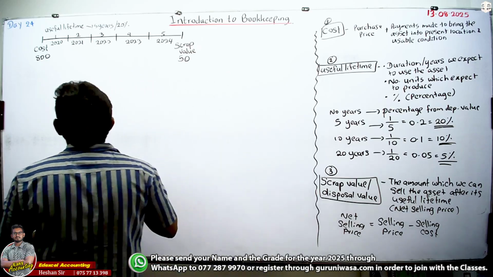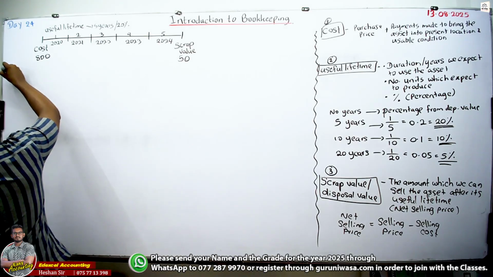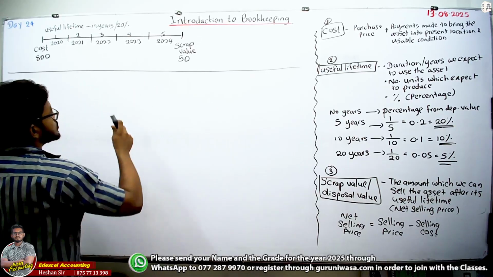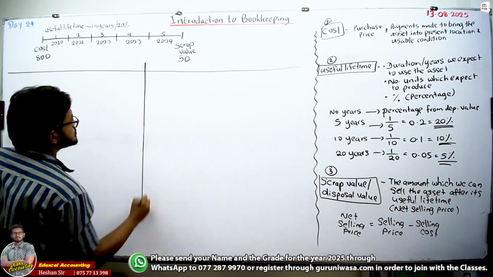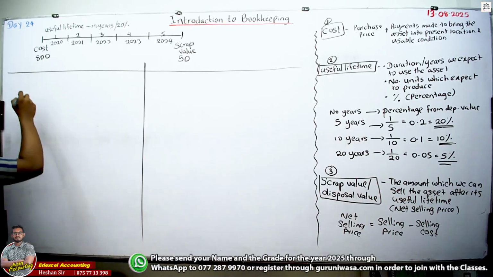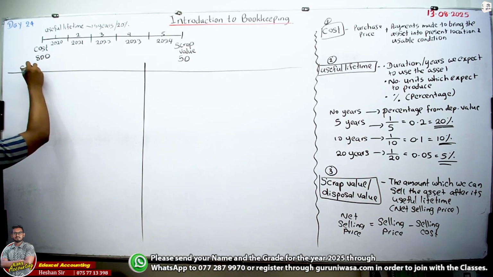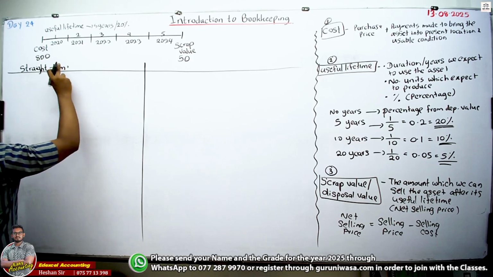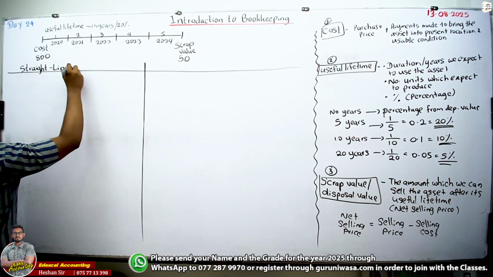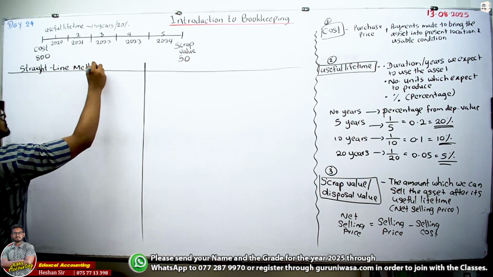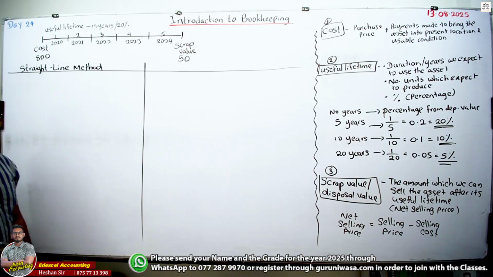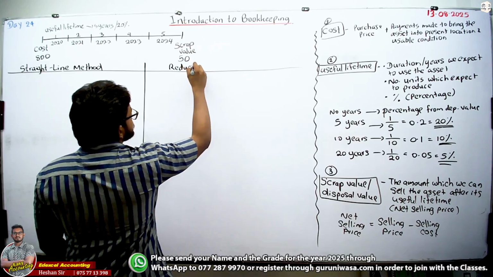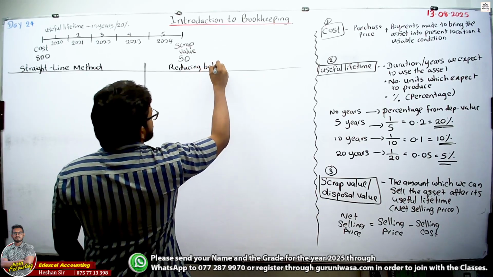Let's use the two methods: straight line method and reducing balance.